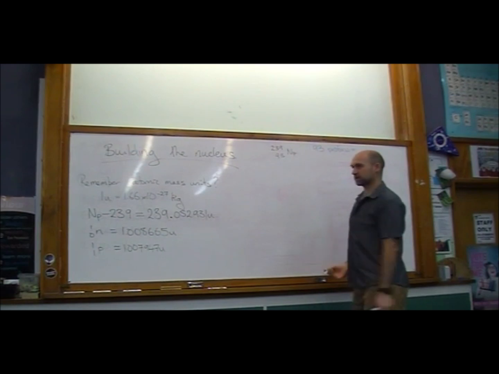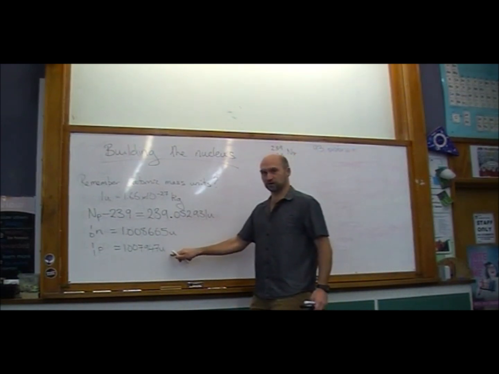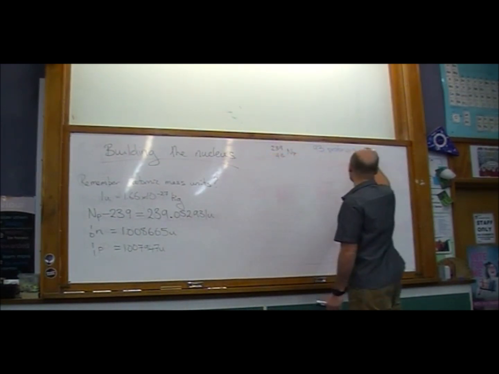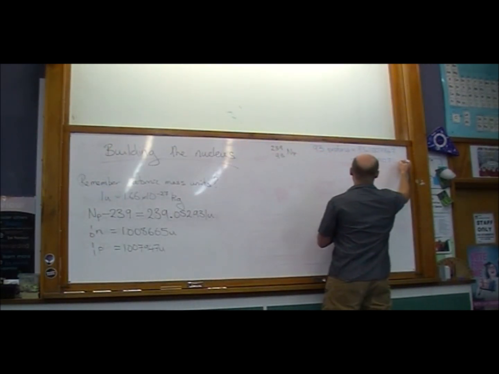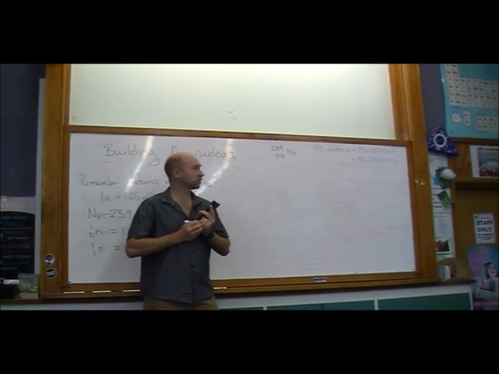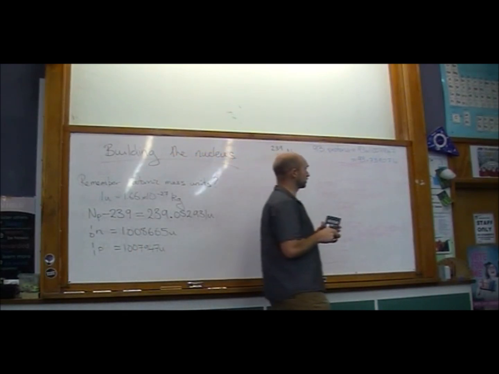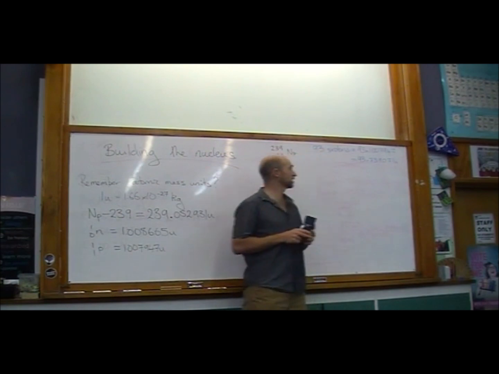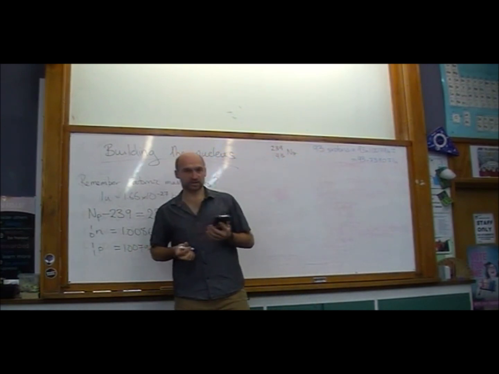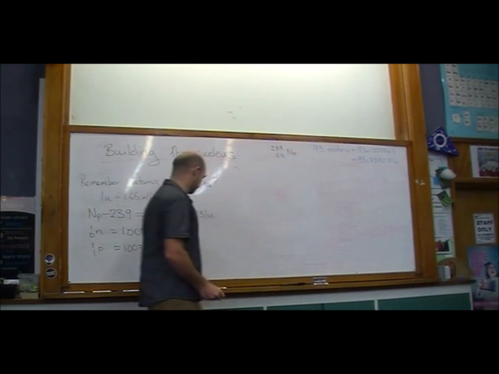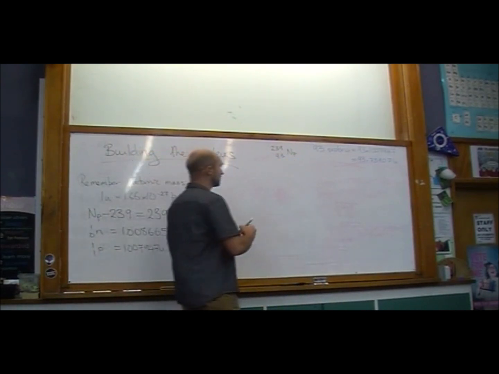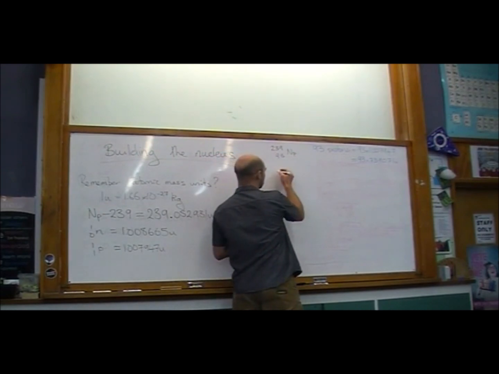And so that's going to be 93 lots of the proton mass. So the mass of protons that goes into forming the Neptunium nucleus is 93.739071 atomic mass units.